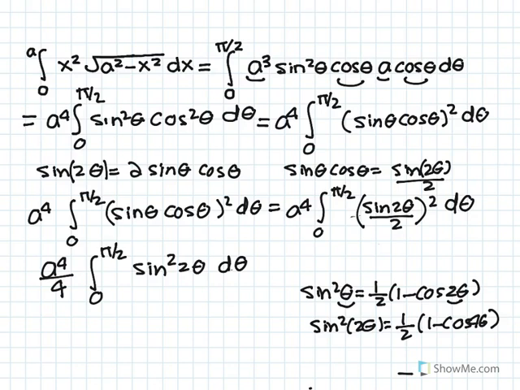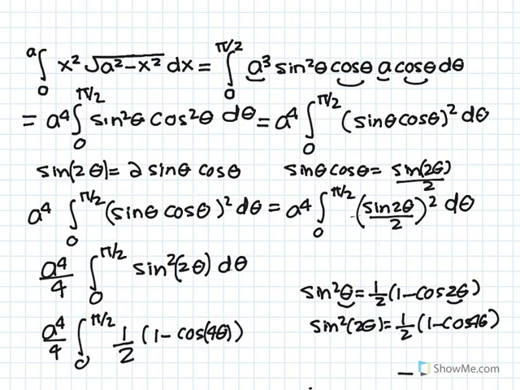Alright, so what we have is a to the fourth over 4, integral from 0 to pi over 2, and sine squared 2 theta can be expressed as 1/2 times 1 minus cosine 4 theta, integrated with respect to theta.